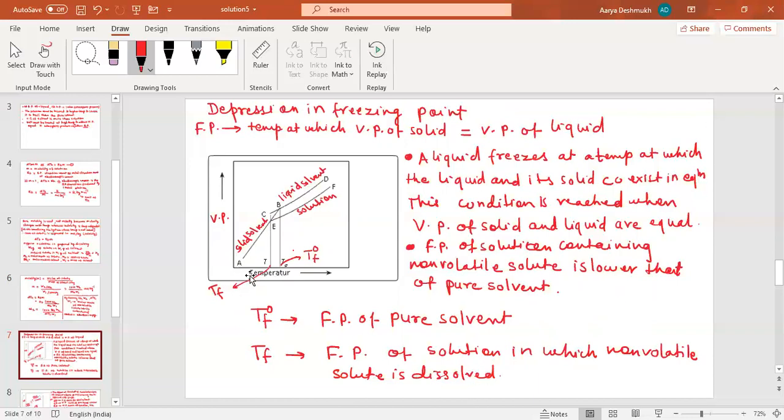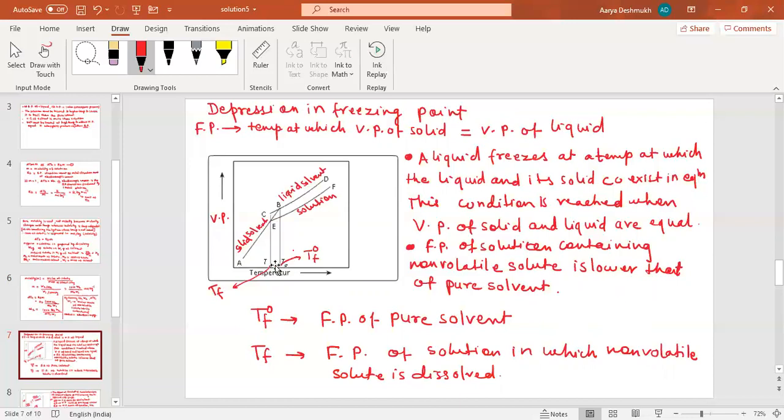Now on the x-axis, temperature is increasing in this direction. So this T0F has the greater value. This TF is for the solution, and this T0F stands for the pure solvent.